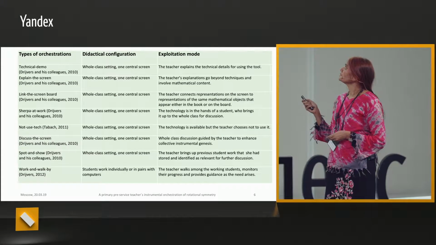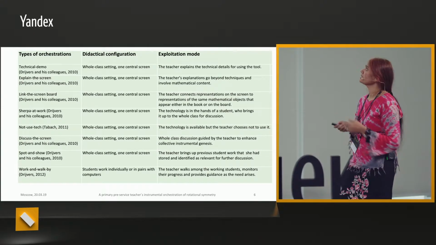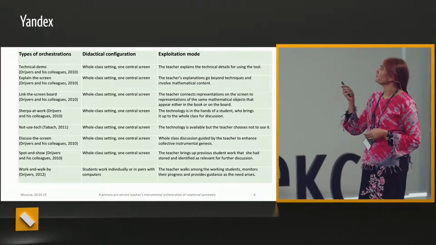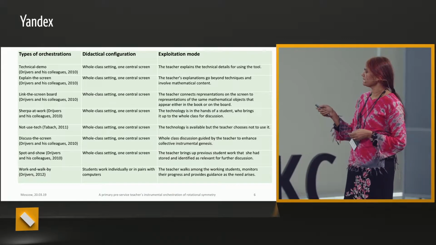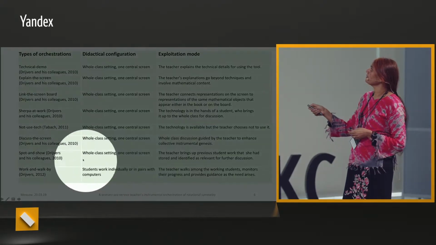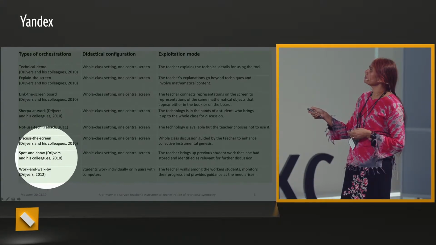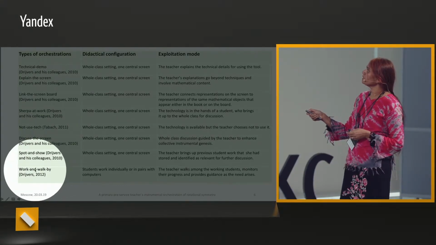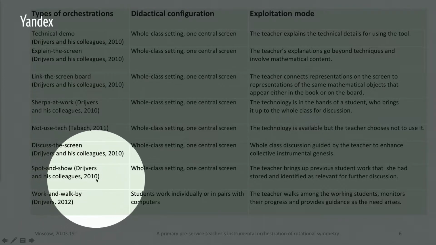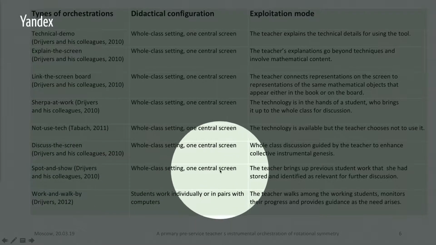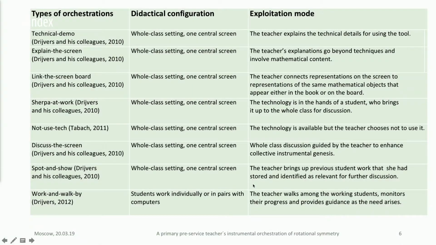I will show you shortly the types of orchestrations according to Drijvers. It has a lot of things, but I will be using an eclectic selection, for example, spot and show, work and walk by the pre-service teachers and so many things here.